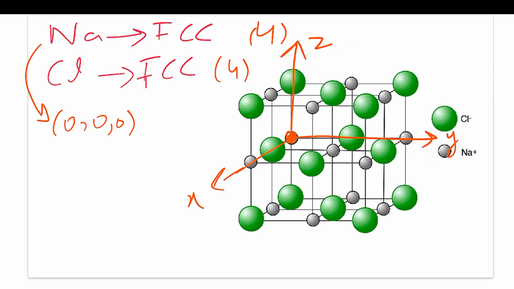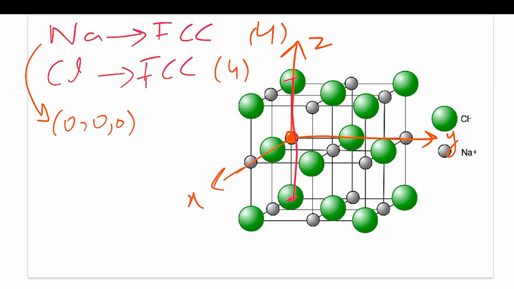Also keep in mind the convention I'm using here: from this corner atom to this corner atom, the length would be 1, from one corner to the other corner ending at a similar atom. For example, if I start at chlorine, I'd end at chlorine, so this whole length would be taken as 1.